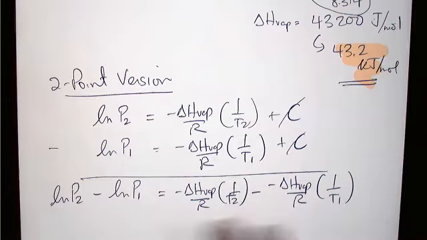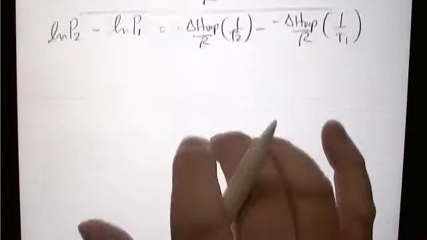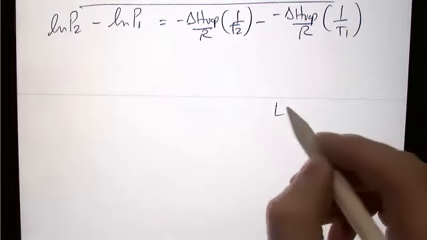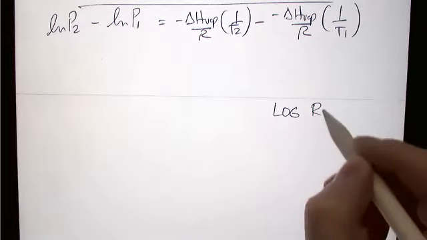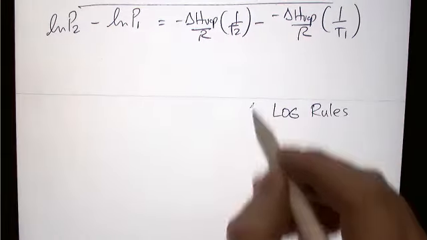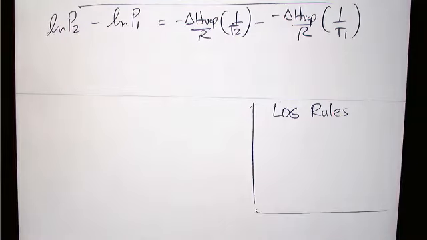Now, we're going to clean this up, but before I clean it up, let me take a little bit of an aside here. There are rules for powers. You learn them in grade 9 math, right? If you take a power and multiply it by another power with the same base, you keep the base and add their exponents. If you divide a power by another power with the same base, you keep the base and subtract their exponents.